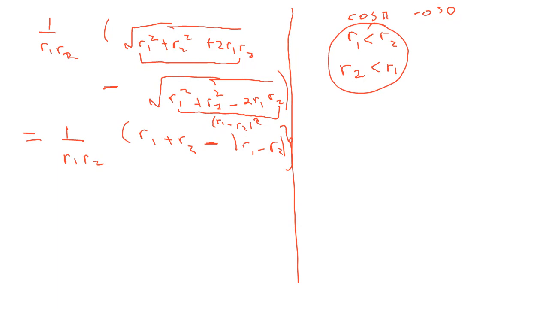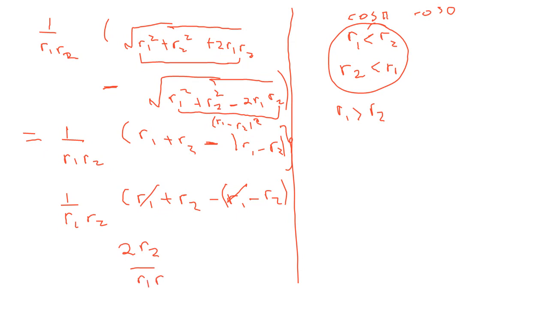So let's say that r1 was the greater one. In that case, you get 1 over r1 r2 of r1 plus r2 minus r1 minus r2. So the r1 cancels with that r1, so you're left with 2 r2 over r1 r2. So this gives you 2 over r1.